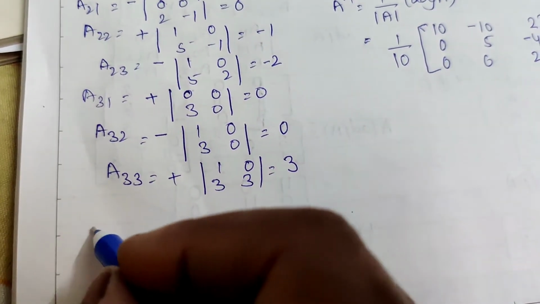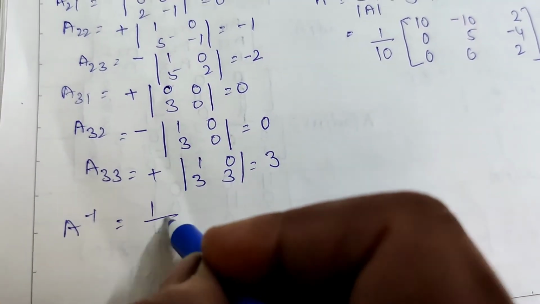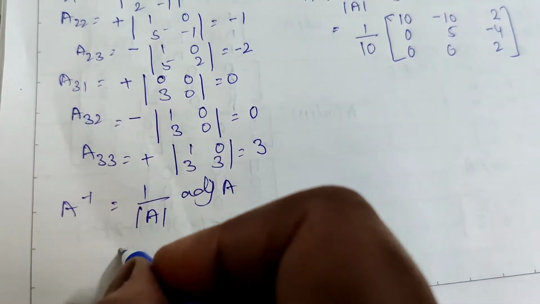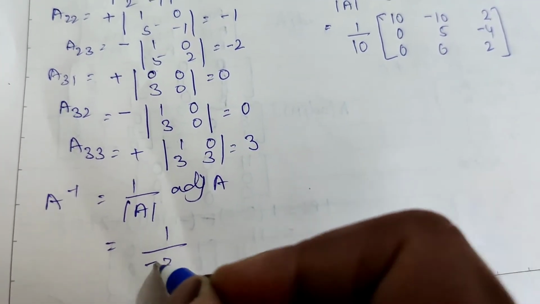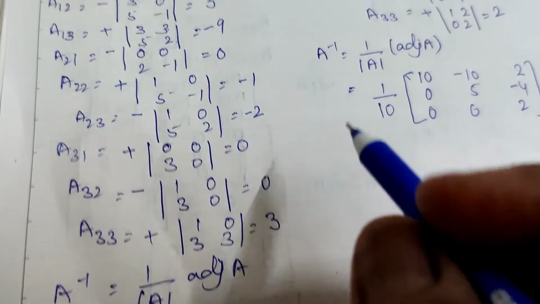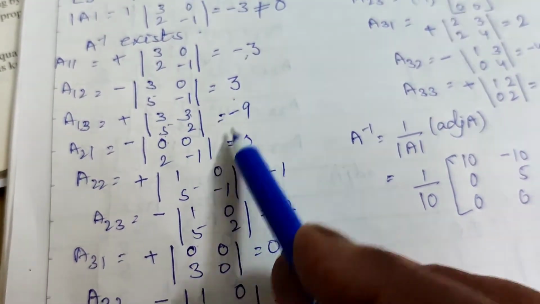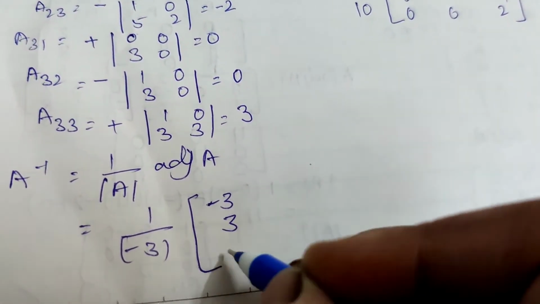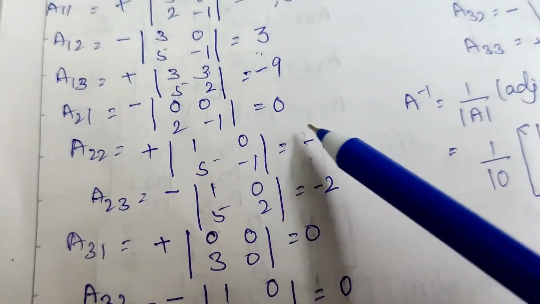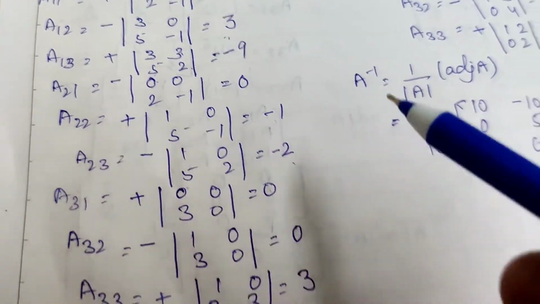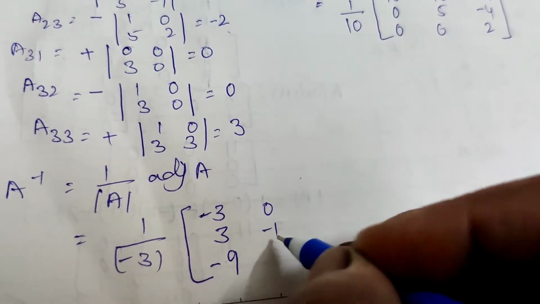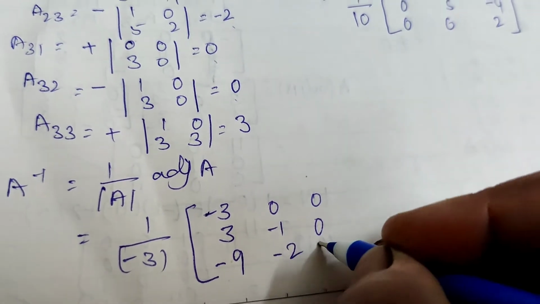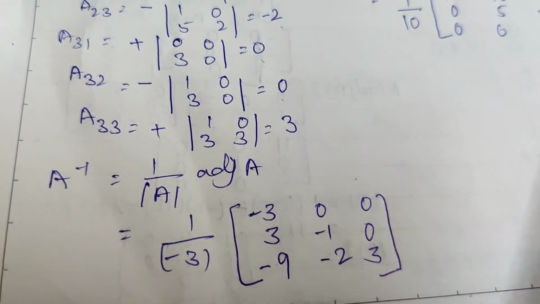Now the inverse is 1 upon determinant A into adjoint of A. It is 1 upon minus 3 and the adjoint: minus 3, 3, minus 9; 0, minus 1, minus 2; 0, 0, 3. This is the A inverse.